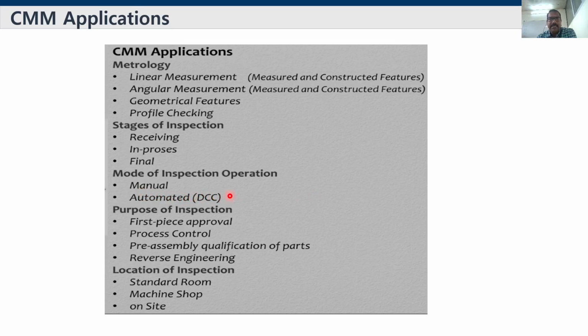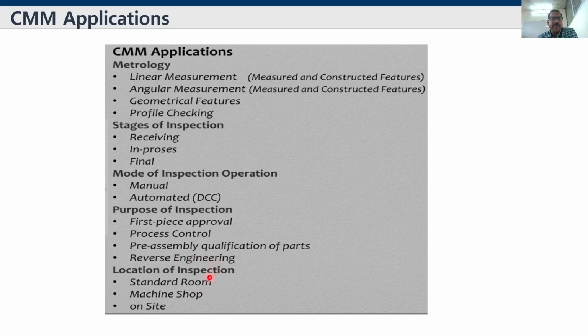Automated means DCC, direct computer control. Purpose of inspection: first piece approval, or where we implement the CMM, whether in the initial stage itself, during process control, before pre-assembly, or for reverse engineering purposes. Reverse engineering is not probing, it is scanning. Probing is measurement and gauging, but reverse engineering mostly comes under scanning.